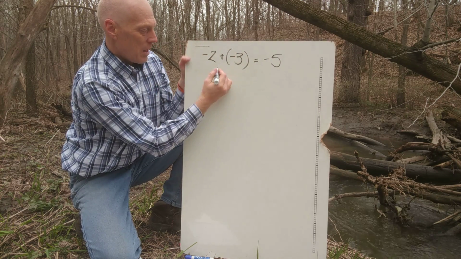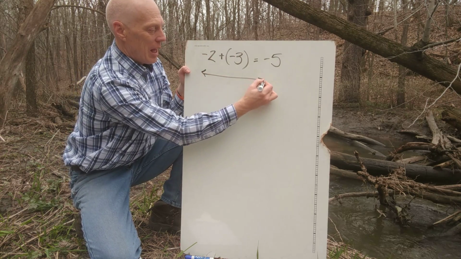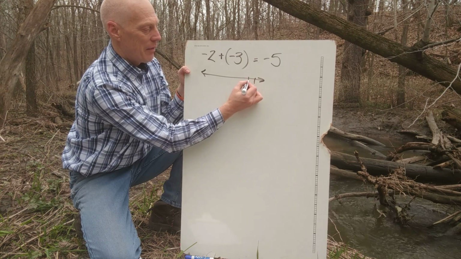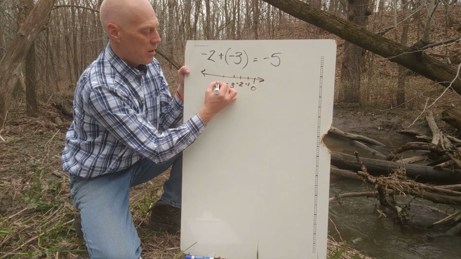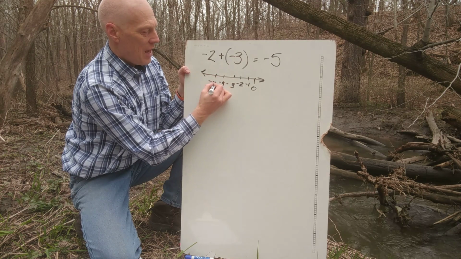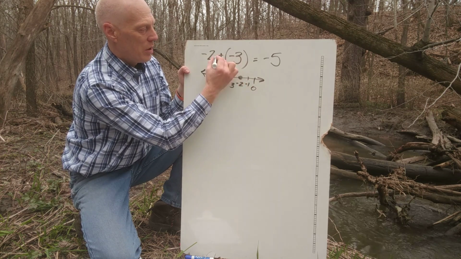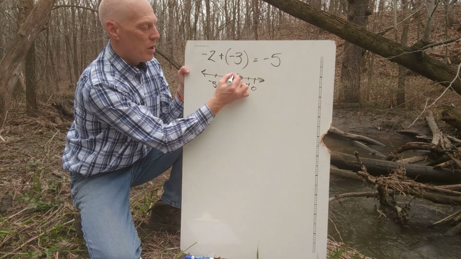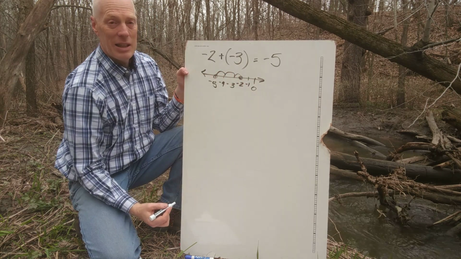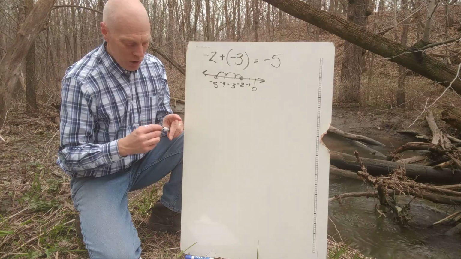On a number line with zero way down here, you start at -2 and go -3. When you're doing negatives, you're going further away from 0, so 1, 2, 3, and that puts us at -5.